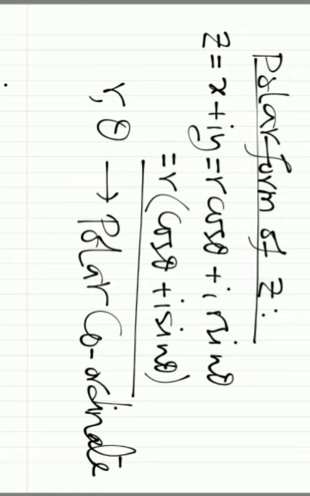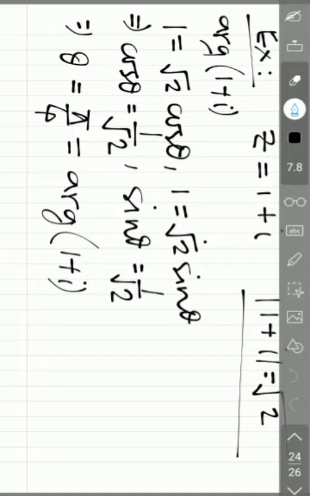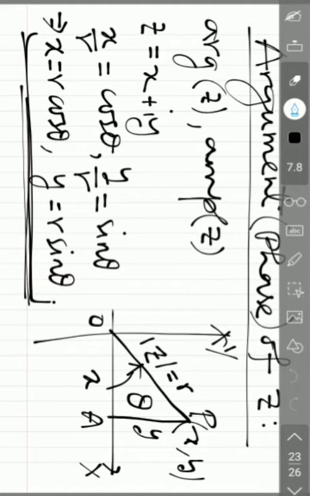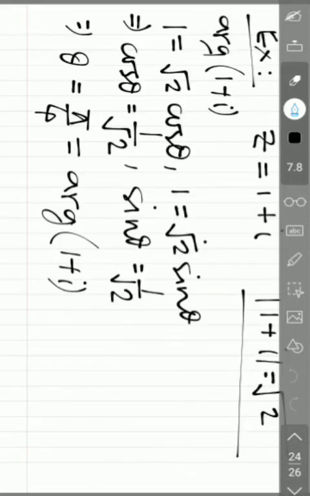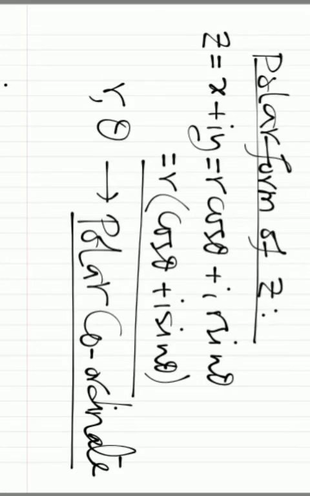We have studied only one coordinate system, that is the Cartesian coordinate system, but other than that we have another system of coordinates called the polar coordinates, where these two pieces of information are important, r and theta, that every point is making. So this information we get from here, and every complex number can be converted into the polar form.